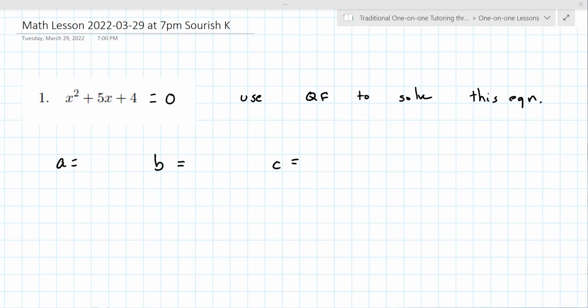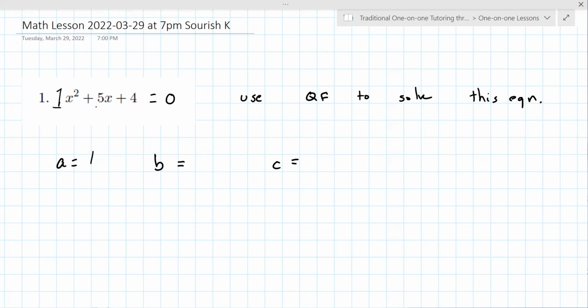The exponent is 2, and x is a letter. What is the number that is not written but is in front of x squared? One.